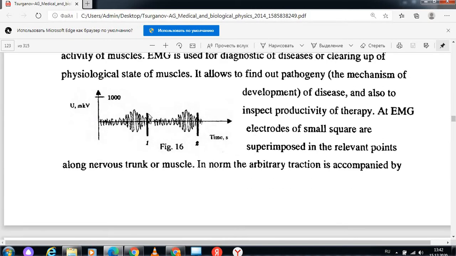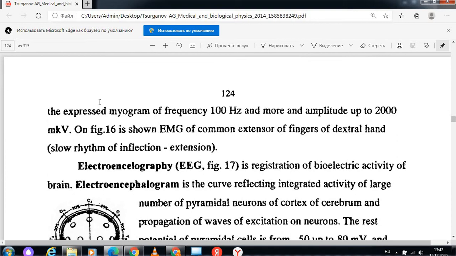When we move the finger, slow rhythm of extension and inflection.